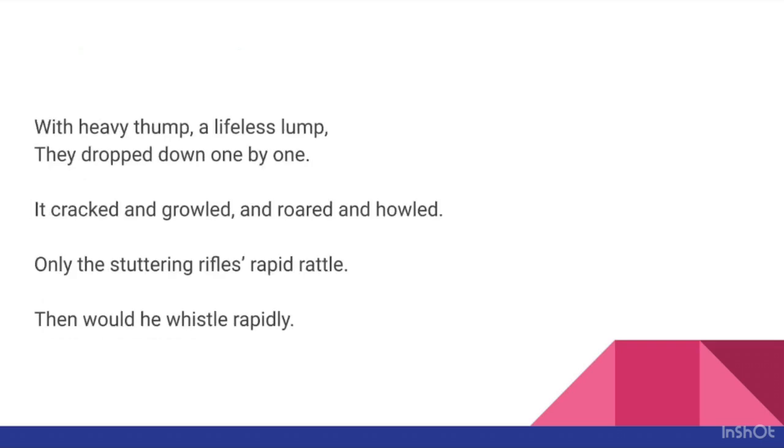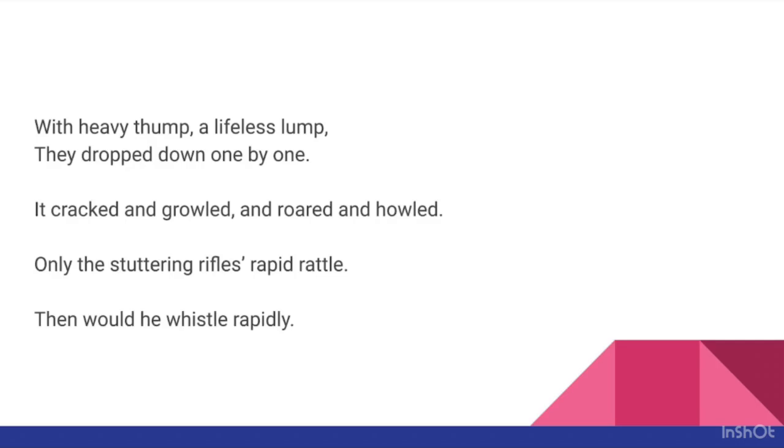Let us look at a few more examples. With heavy thump, a lifeless lump, they dropped down one by one. So here, thump, lump, dropped down, all these words echo their senses. Notice the second sentence, they dropped down one by one. If you remember the previous video, there you found one figure of speech called euphemism.